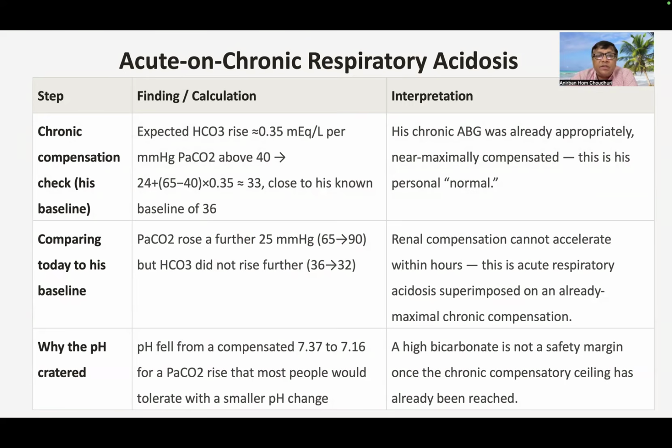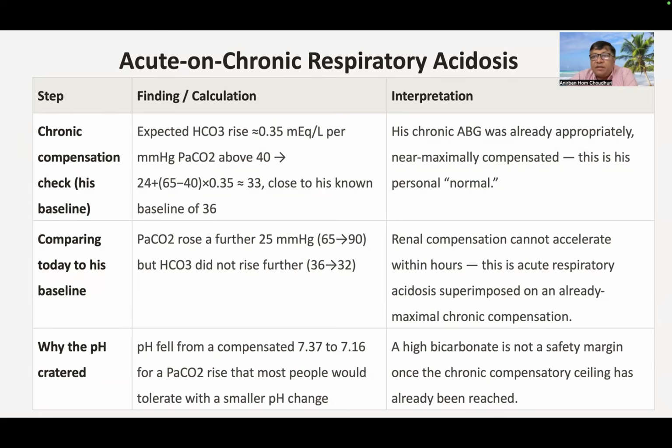This is close to his known baseline of 36. So his chronic ABG was already appropriately and near maximally compensated. This is his personal normal in terms of compensation and bicarb.